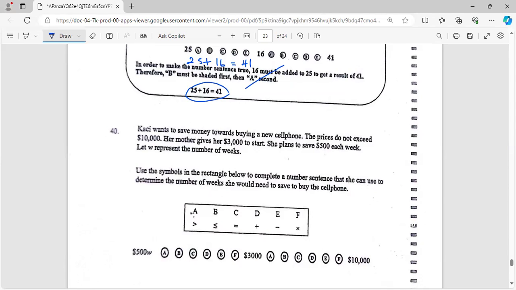Use the symbol in the rectangle below to complete the number sentence that can be used to determine the number of weeks she would need to save to buy the cell phone. Let's go, guys. Got to work now. What would be the answer for that? Look at it and then meditate.